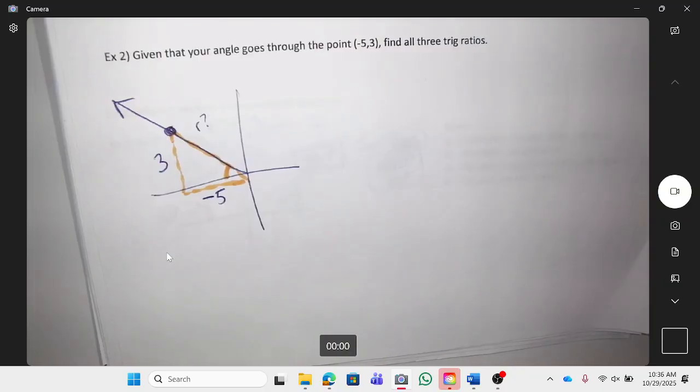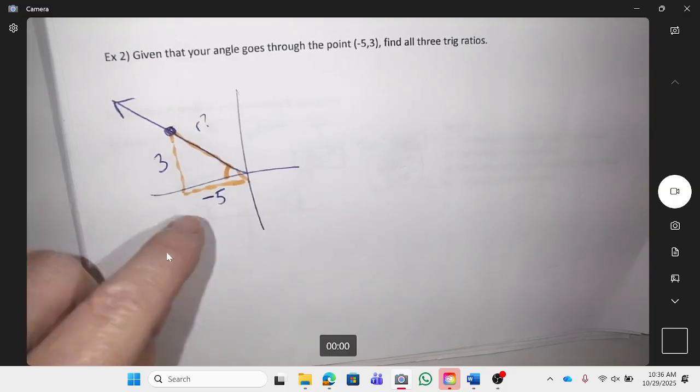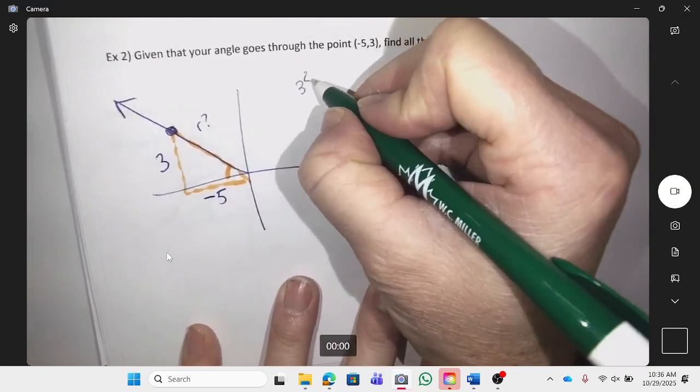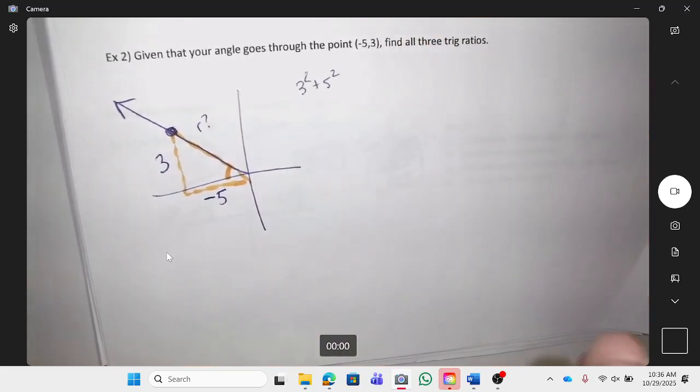Do you remember what I talked about with that trig value inversing thing? I always said don't put the negatives into your calculator at all, because the negatives are just location things. So you're only going to go 3 squared plus 5 squared. Do not touch the negative. It's not involved in this distance. The triangle values are all about their distance values.